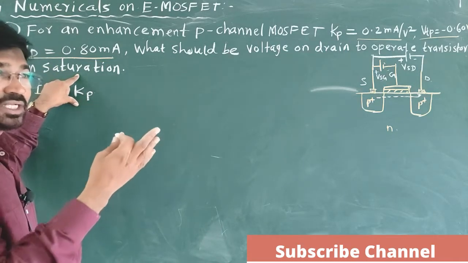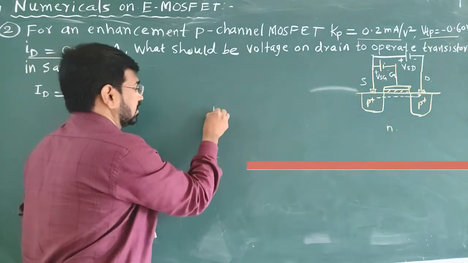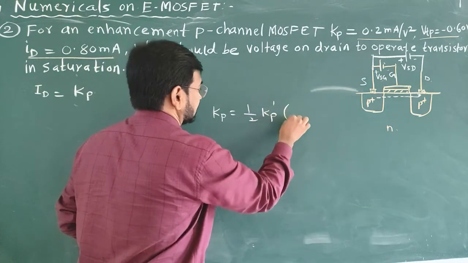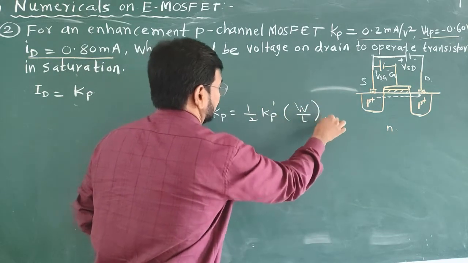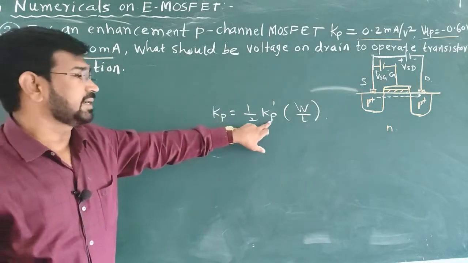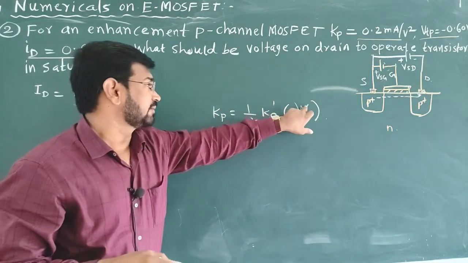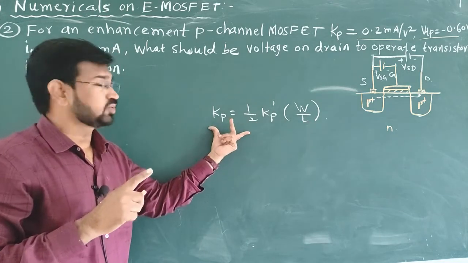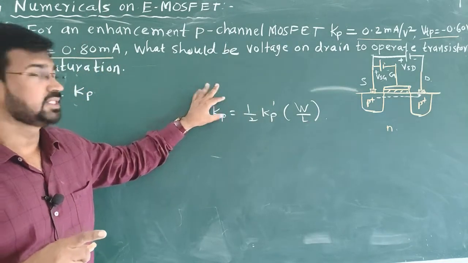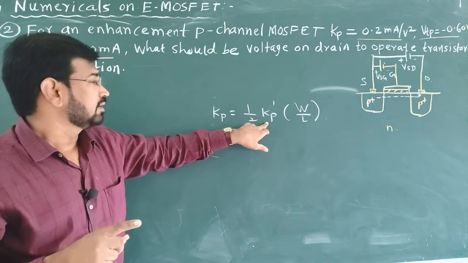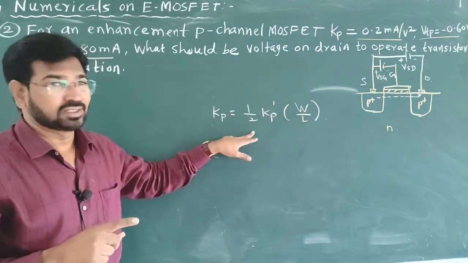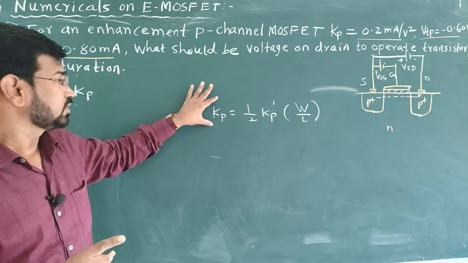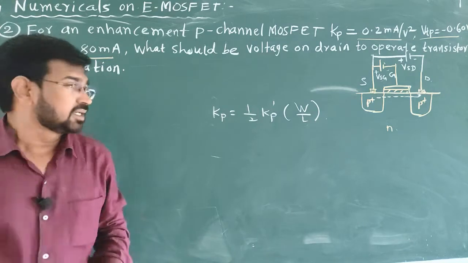No need to find it using the formula Kp is equal to half Kp dash W by L. If Kp dash, width and length are given, then we can use this relation to find the conduction parameter by using the process conduction parameter. But all these things are not mentioned. Directly Kp is given, so because of that we are using this equation.